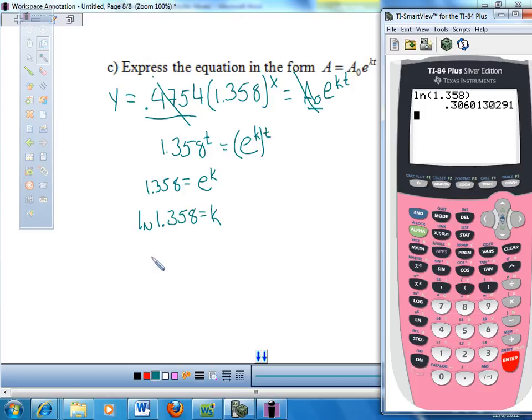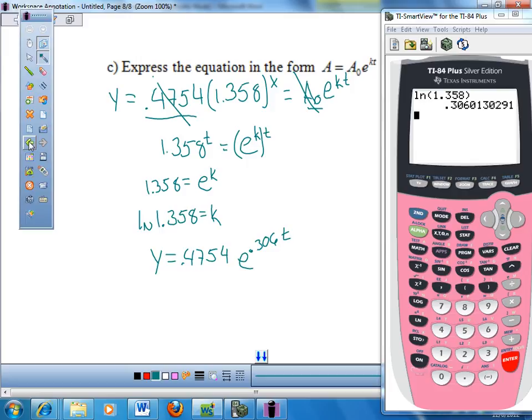Did I do that right? Yeah. So to rewrite my equation in that form, a sub 0 even though I canceled it out here, it's still 0.4754 e to the natural log of 1.358, or about 0.306t.